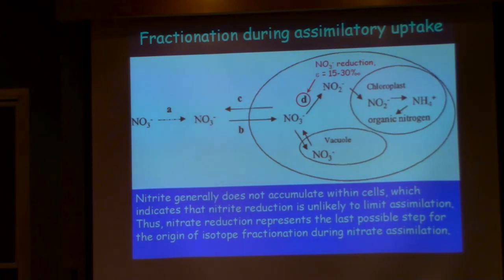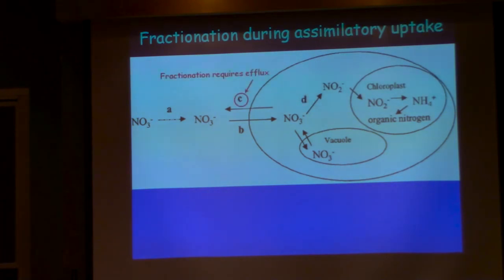So really the last step in terms of fractionation between nitrate external to the cell and that fixed in organic nitrogen is probably nitrate reduction. Nitrite is reduced within the chloroplast to ammonia, and that ammonia goes into organic matter. So really we're talking about the flux of nitrate in and its reduction and the flux out. And of course we do need efflux out of the cell to have any fractionation.